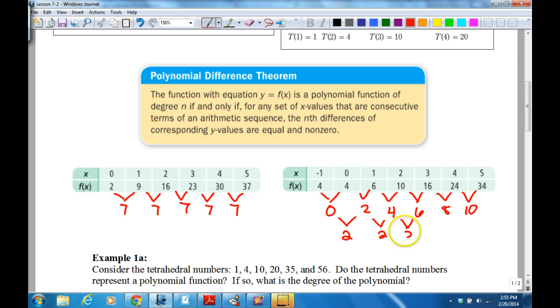Oh, we finally, I think, hit our constant difference. Okay? Now, when you get to a set of constant differences, here we did it at the first set. So that means this is to the first degree polynomial. So what kind of a polynomial is this if it's at the first degree?